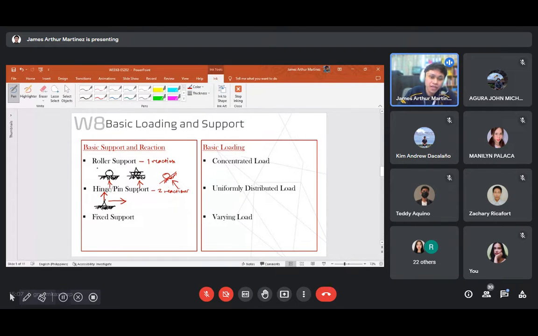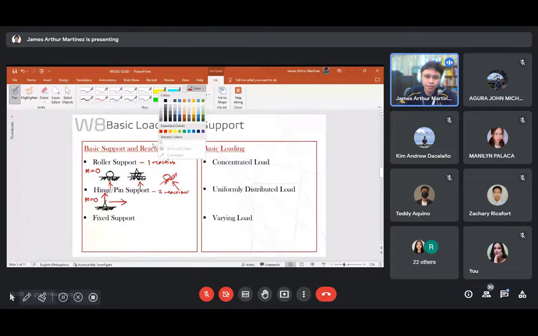Now, I'd like to also emphasize that a roller support and a hinge support don't have resistance to moment, right? That is why we can say that the moment at the hinge support and the moment at the roller support is equal to zero. And that is our basis for choosing the point where we can apply the summation of moments. Okay?